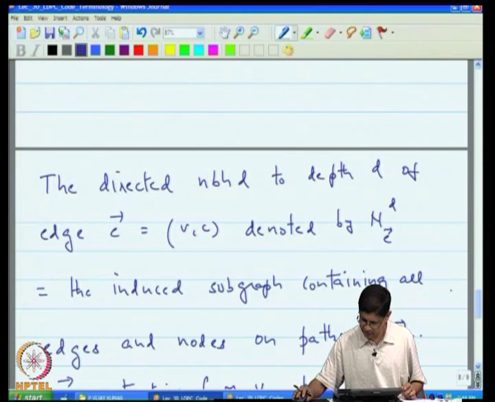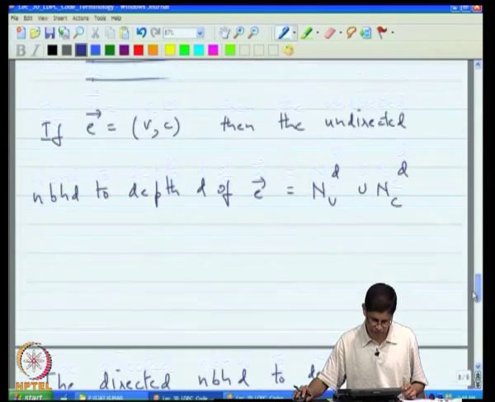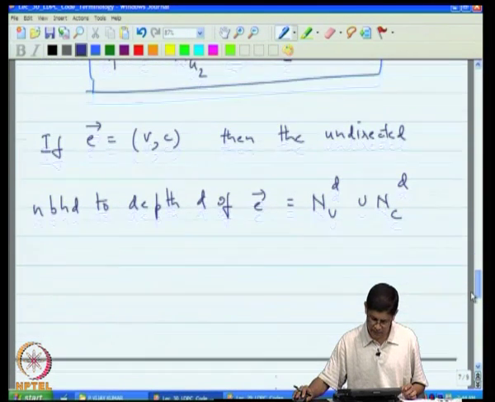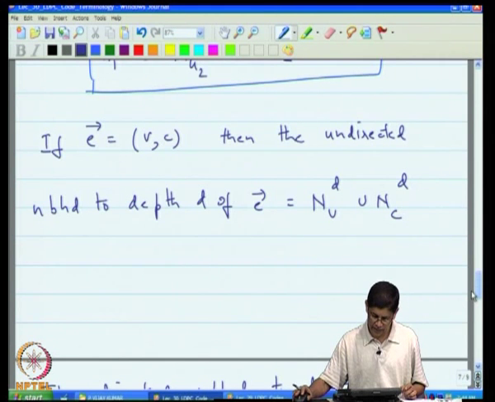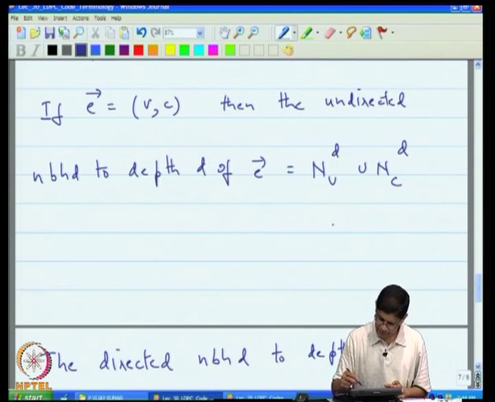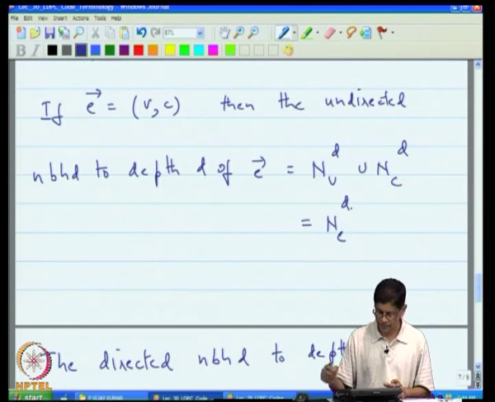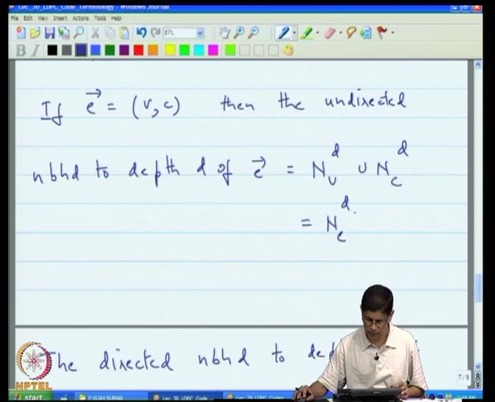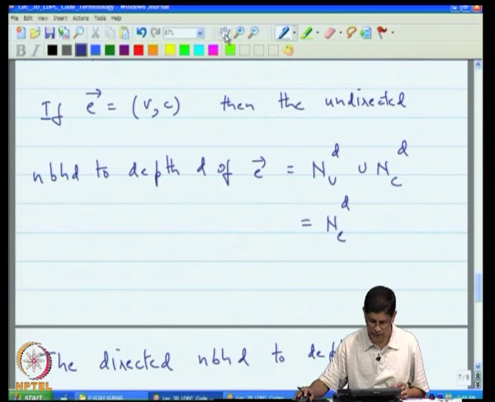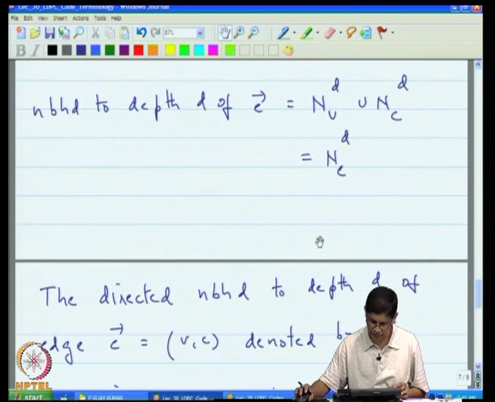So, just a clarification, earlier we talked about the undirected neighborhood. The undirected neighborhood is indicated by an e, except that you do not put the arrow. Now, most of this will be clear from context, even if it is a little confusing now.